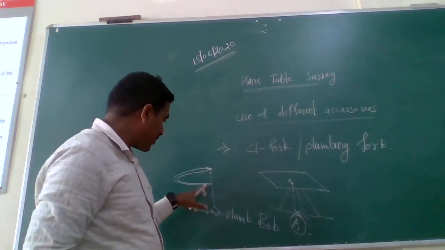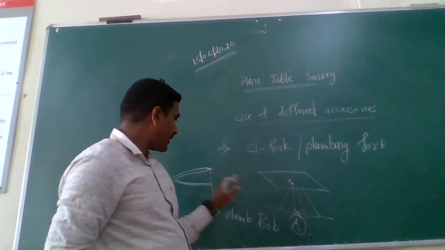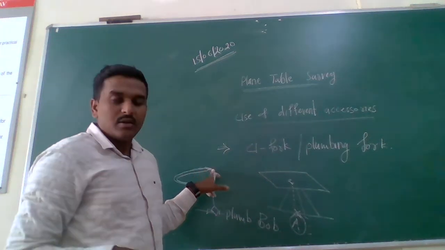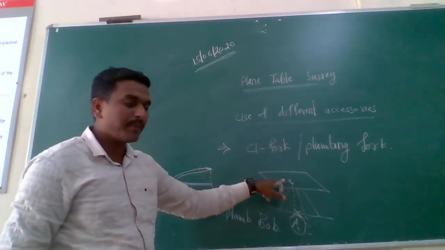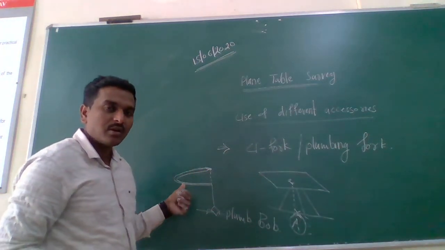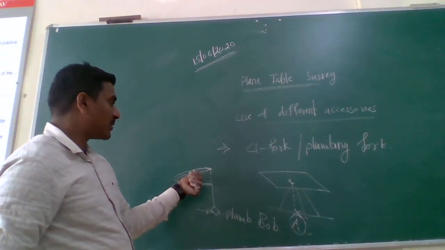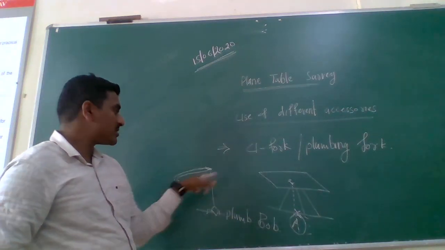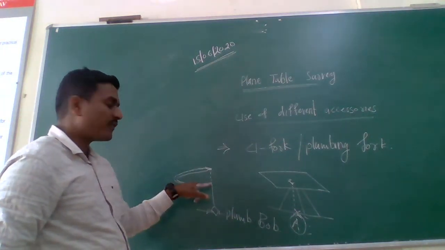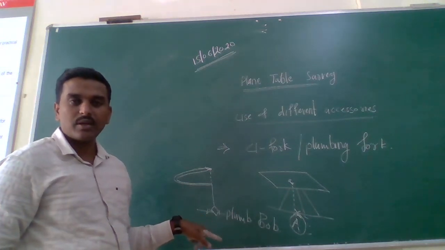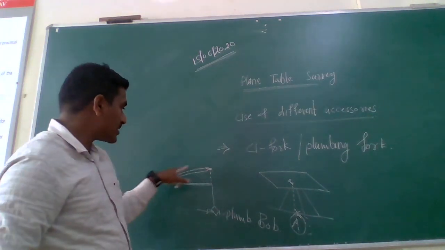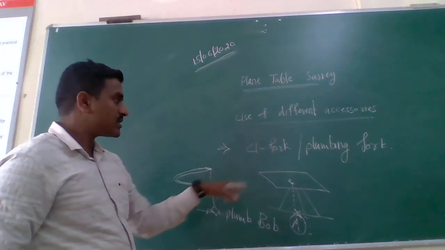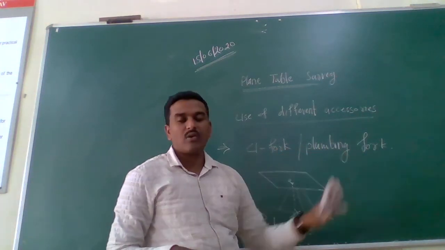Okay, so plumb bob will be towards the ground and this pointed end is on the paper. So this kind of instrument is known as U fork because it has a shape of the English letter U. Therefore, it is known as U fork, or it is also known as plumbing fork.